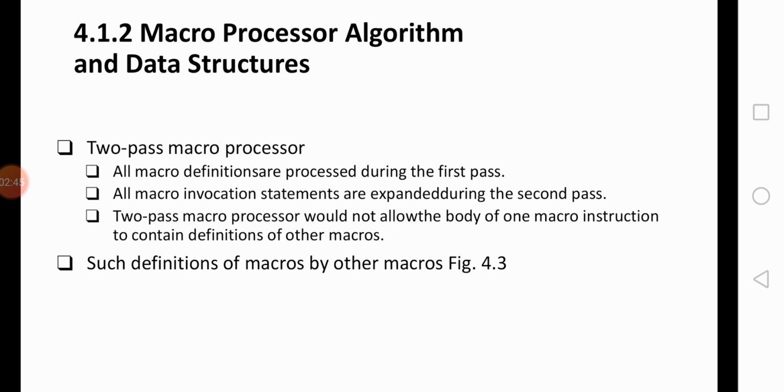According to this, the first pass defines the macro definitions, and that information is processed under the first pass. Once that is done, the second pass concentrates only on macro invocations. That's why a two-pass macroprocessor would not allow the body of one macro instruction to contain definitions of other macros.